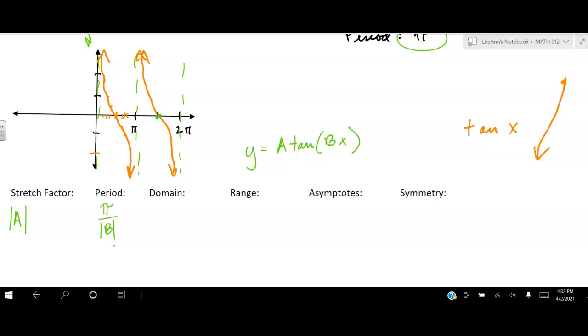Well, you can see that you're getting an asymptote at every integer multiple of pi. 0, pi, 2 pi, 3 pi, 4 pi, like that, right? So it's all real numbers. But x cannot equal pi over b, k, and k is an integer.